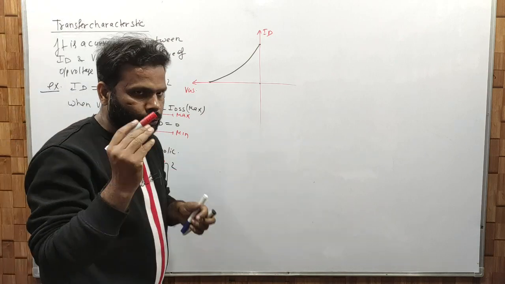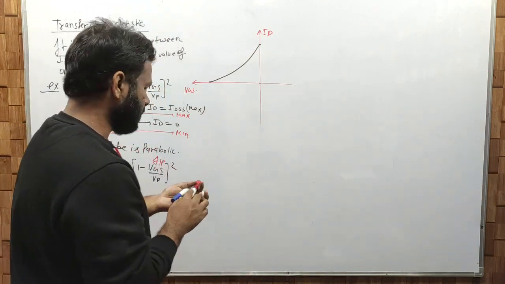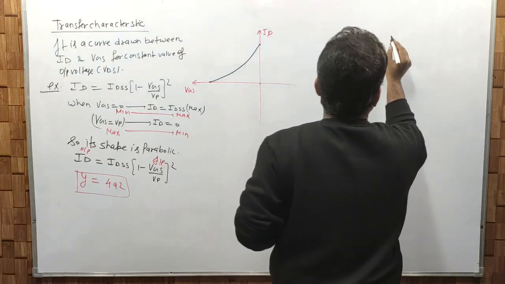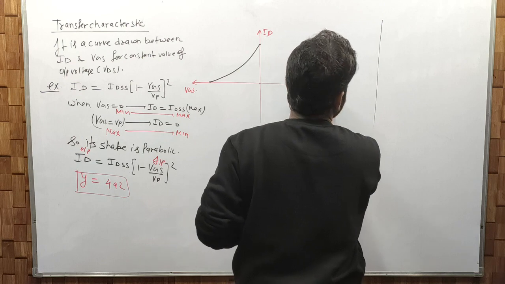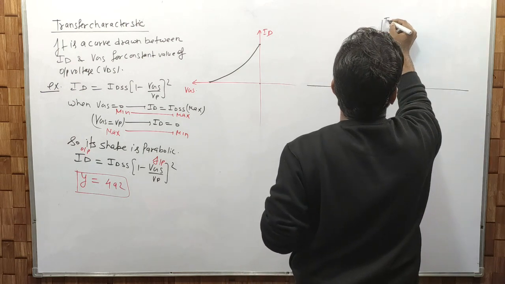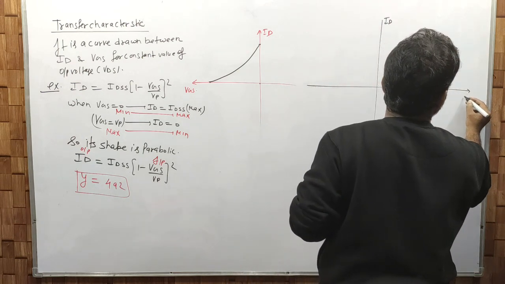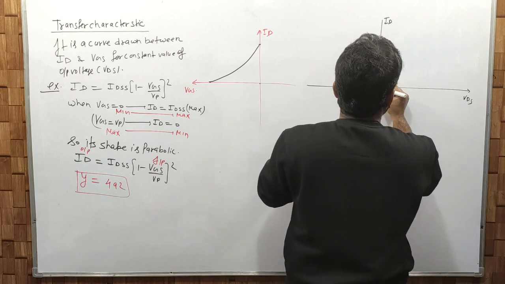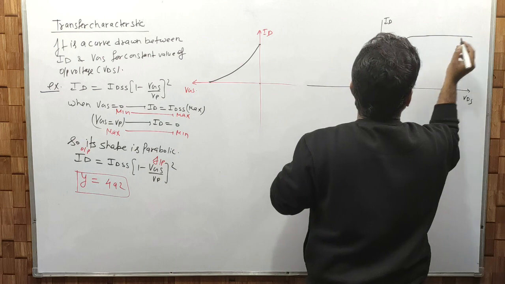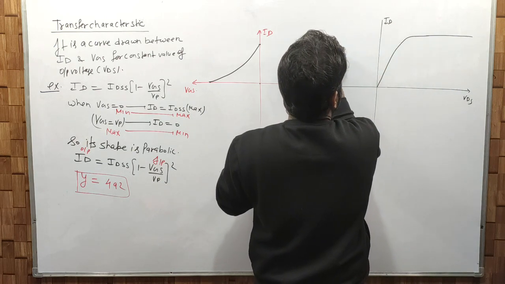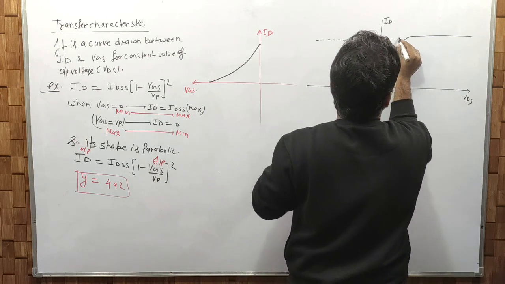Now let's understand a little more how it is drawn. Now suppose we are having the output characteristic, which is drawn between the drain current and VDS. So for VGS equal to 0, I'm just drawing this curve. Corresponding to this curve, this is the value.